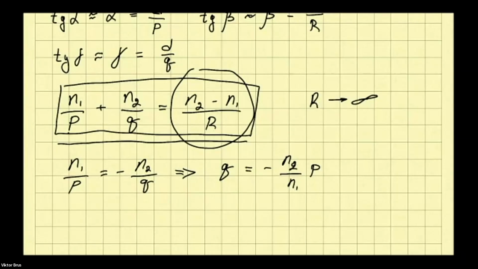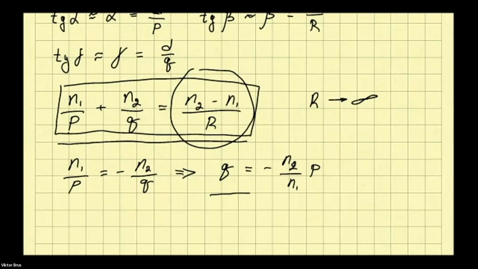Then the image will be located on the same side as the object, and if the object is located on the left side, so P is positive, then the image will be located on the same side, left from the interface, and Q will be negative.